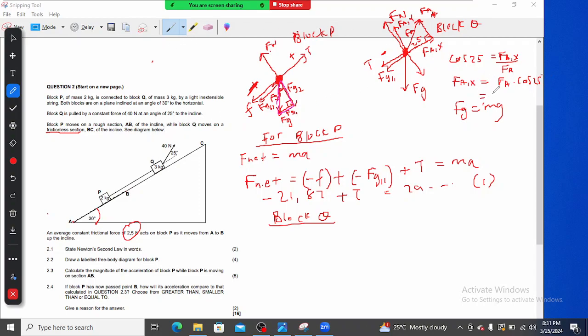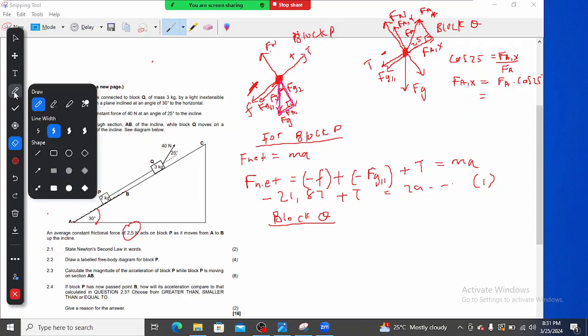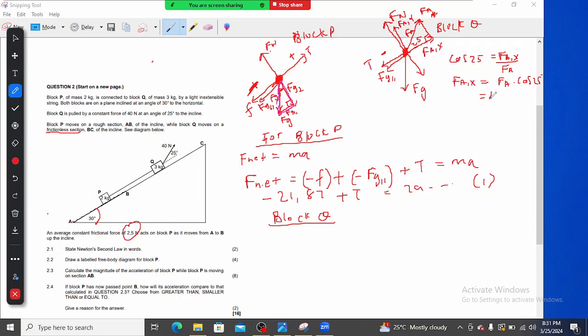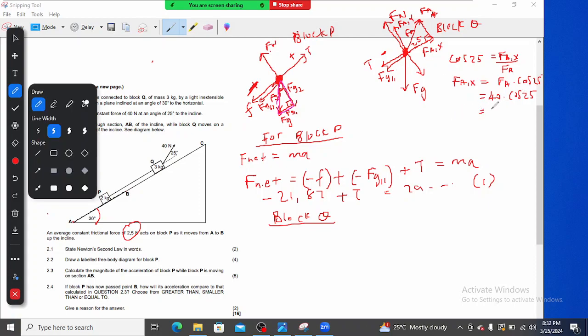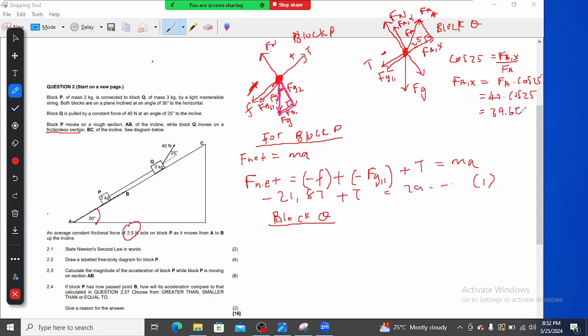So let's quickly punch this: 40 times cos 25. Any question here? No. So what is 40 times cos 25? Okay, so that is 39.65 Newton. All right, so that is FAX.